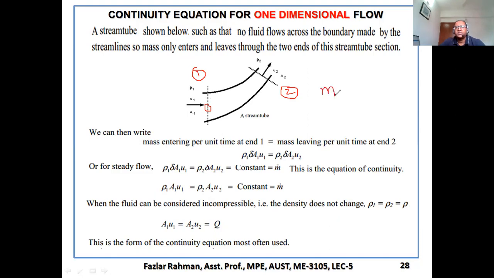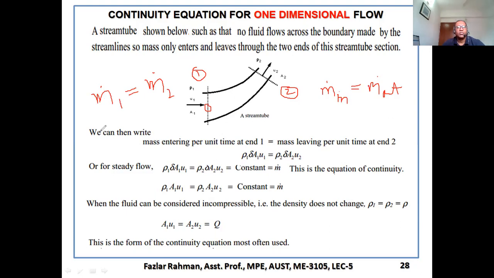So we can say that M dot in equals M dot out, or the mass flow rate at point 1 will be equal to the mass flow rate at point 2, because mass is not leaving through the boundary. So the same amount of mass has to leave the system.